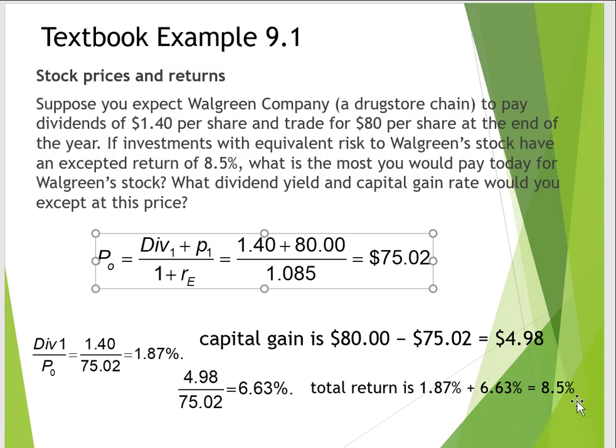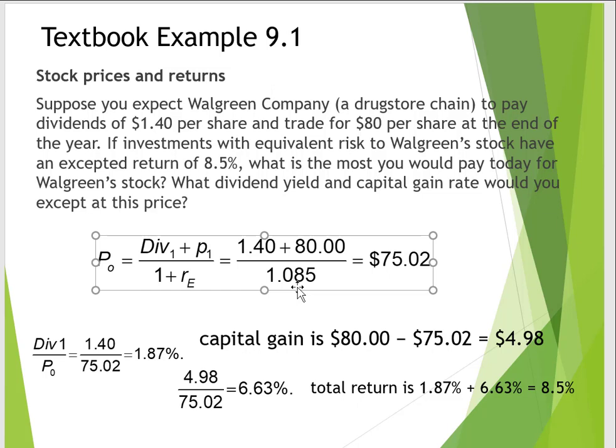Add those together, that's the 8.5%. So this 8.5% is the expected return. It works out that the return that you expect to get is equal to the risk-adjusted return that you expect to receive in the marketplace.